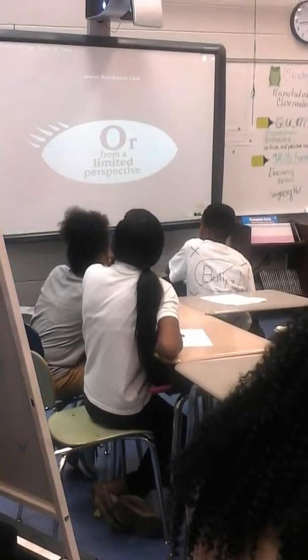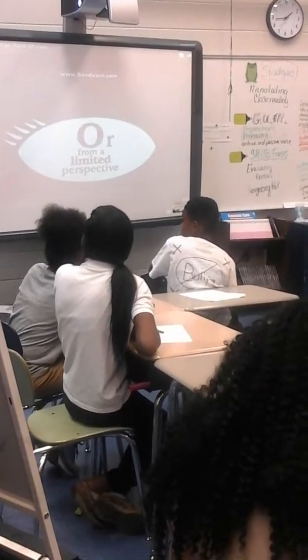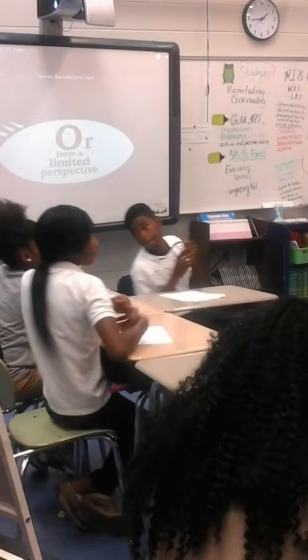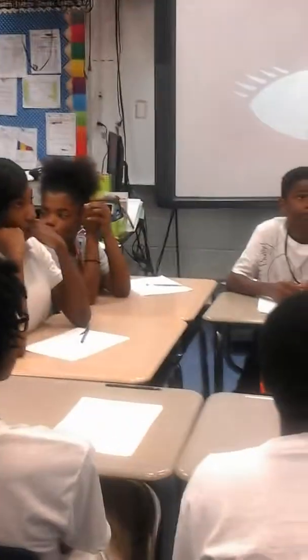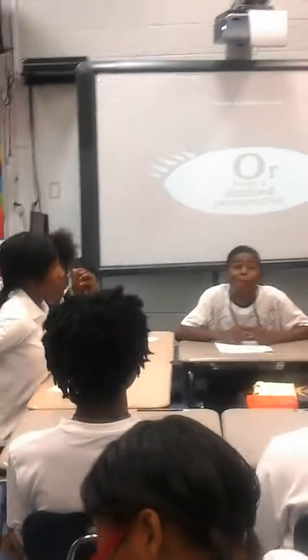Yeah, see that? So third person can be omniscient. Look at the board here. Objective or limited. So omniscient is what? When the narrator expresses what? So you can see the what? The all-knowing or the everything. You can see everything.